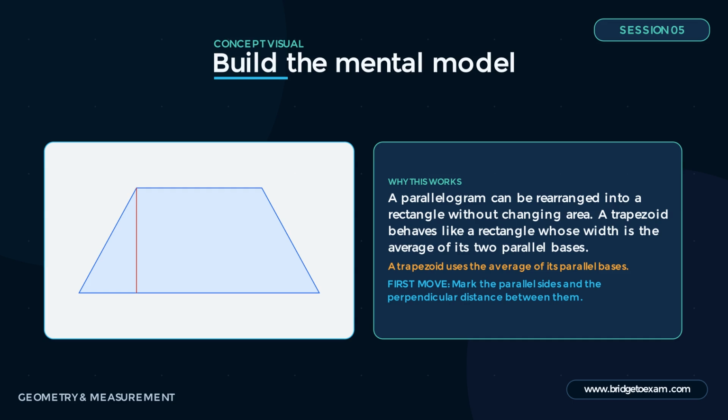Third, for a trapezoid, average the parallel bases with B1 plus B2 divided by 2, then multiply by H. Finally, check that the trapezoid area lies between the areas of rectangles made with the shorter and longer bases. Do not skip the final check simply because the calculator produced a number.